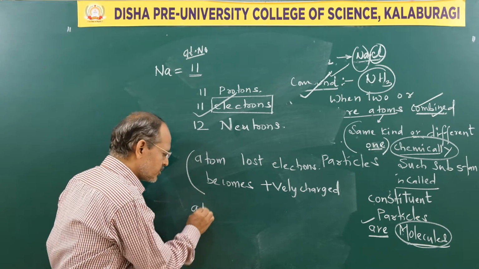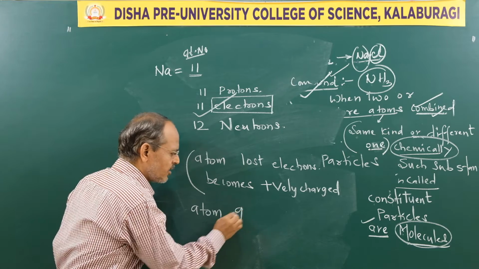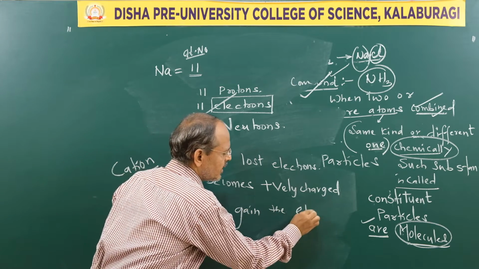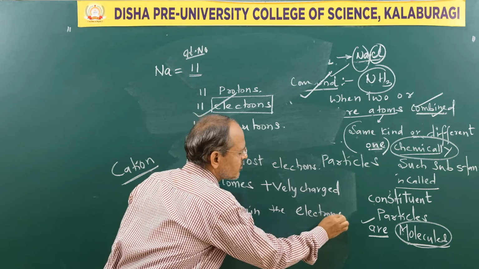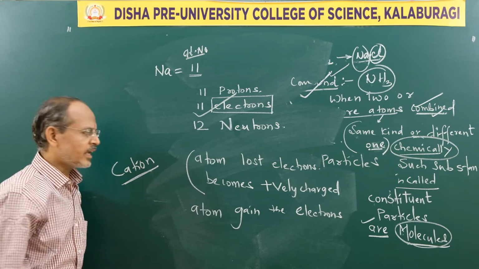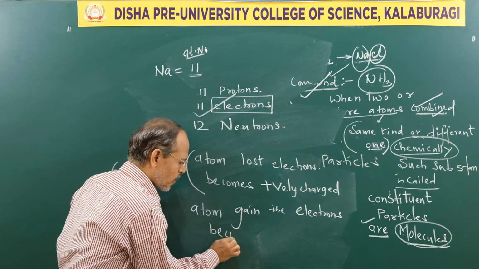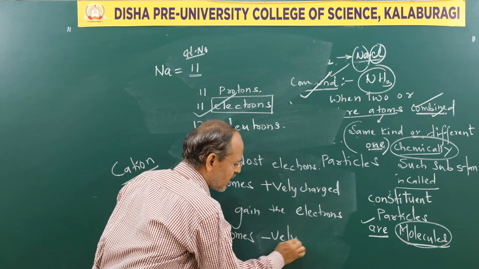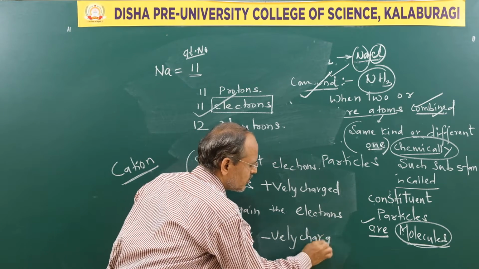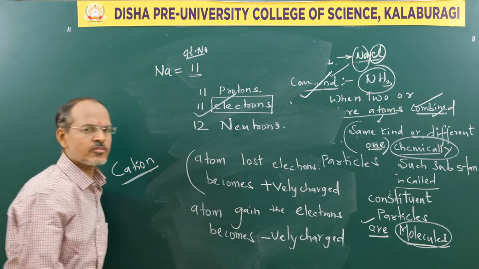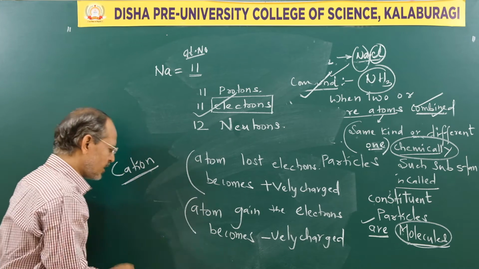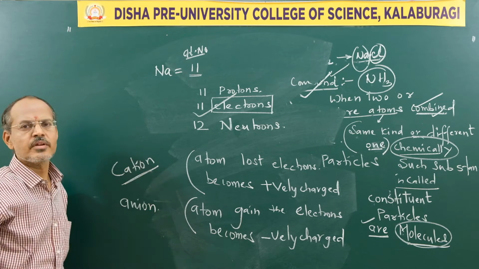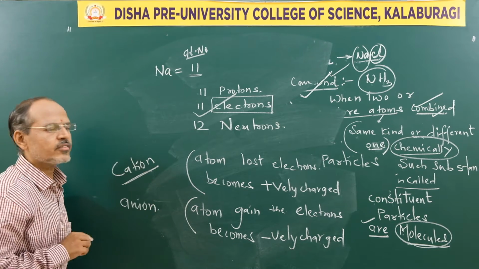If the atom gains electrons, then it becomes negatively charged. That we call an anion, negatively charged.